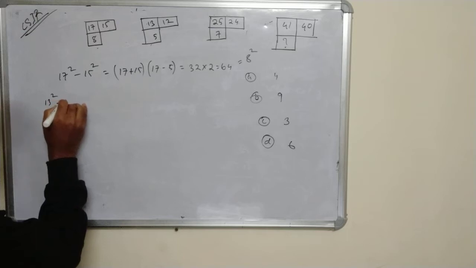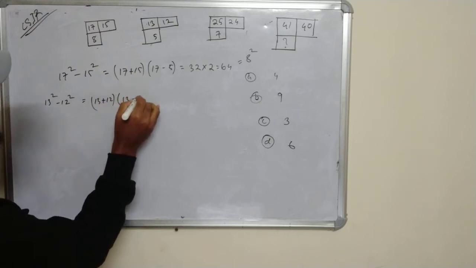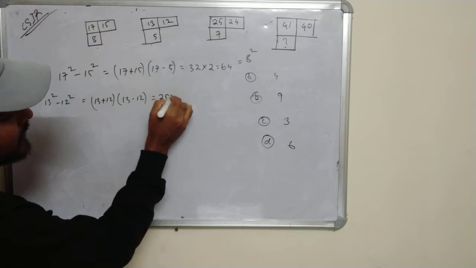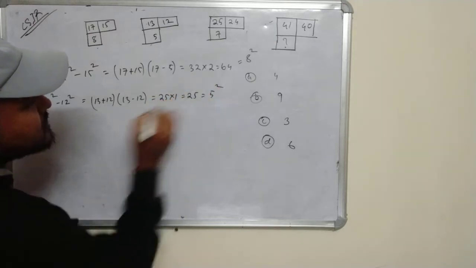Again 13 square minus 12 square, what I can write 13 plus 12 and 13 minus 12, तो ये क्या बन जाएगा, your 25 multiplied by 1 and that is 25, that is equal to 5 square.